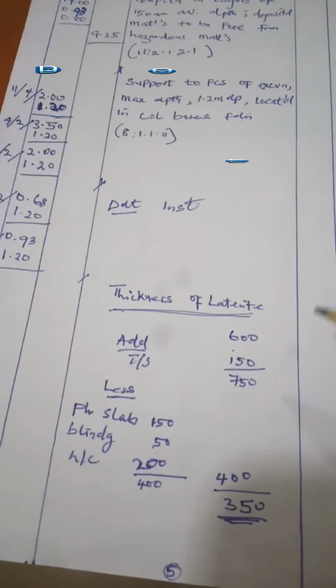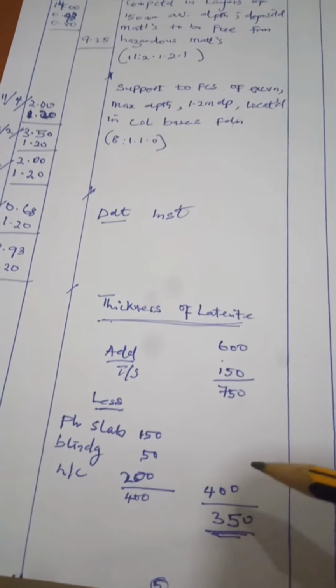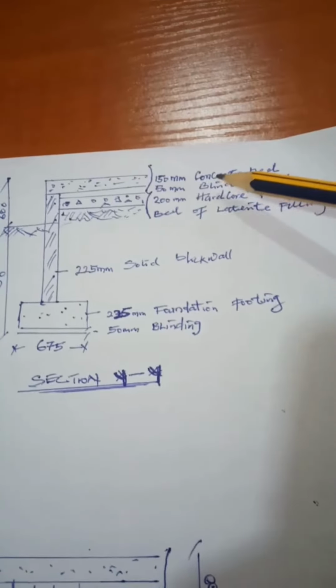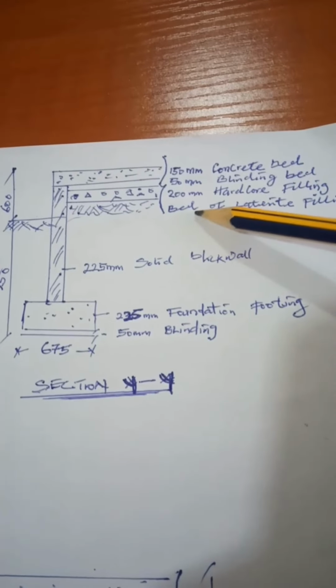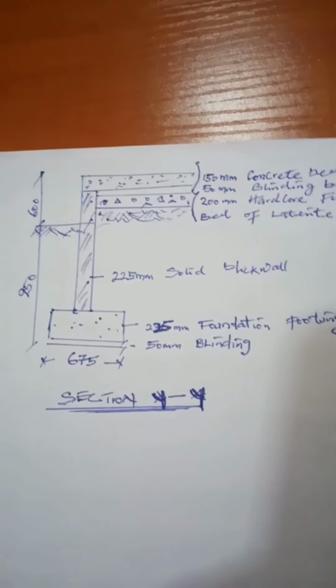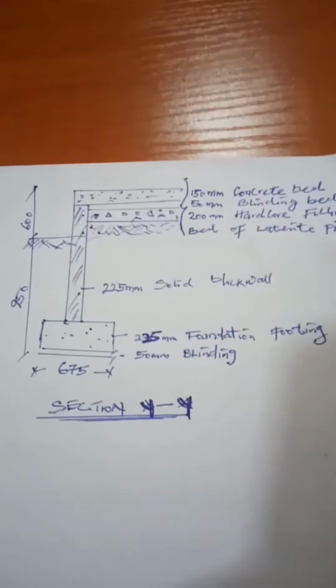So the next thing we do is to consider our filling to make up level. So the first thing, we determine or establish the thickness of earth filling. So how do we do that? From our session, we've been given this detail, but there's no provision for the thickness of earth filling, which is the bed of laterite filling. Already we have 200 mm for hardcore filling.